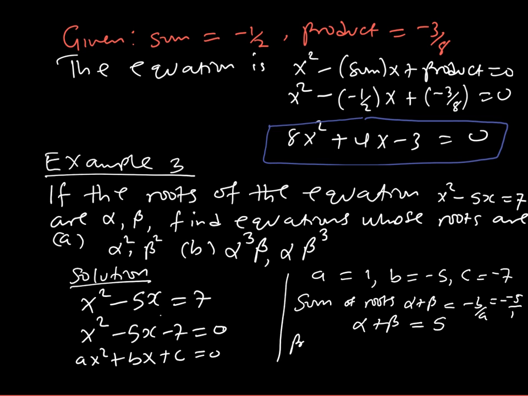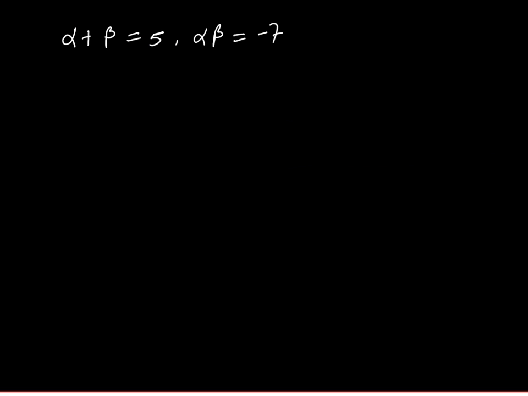Then the product, which we can call alpha beta, is simply c over a, and this is negative 7 over 1, which is minus 7. So we have alpha plus beta equals 5, and alpha beta is minus 7.